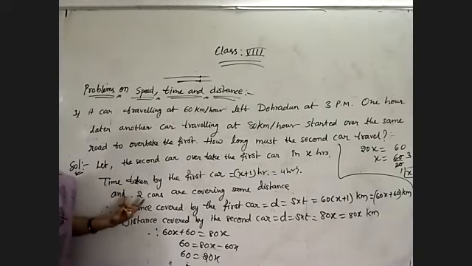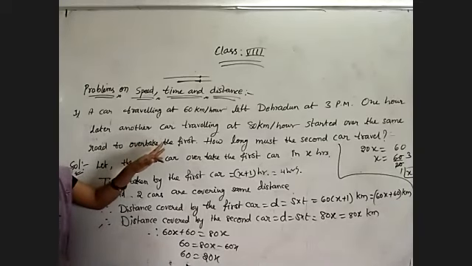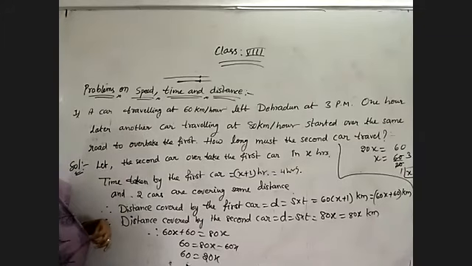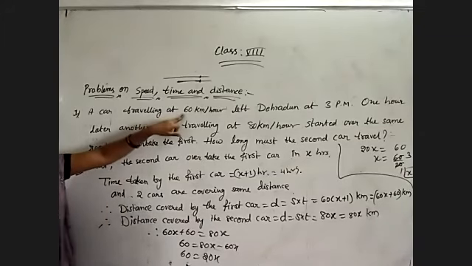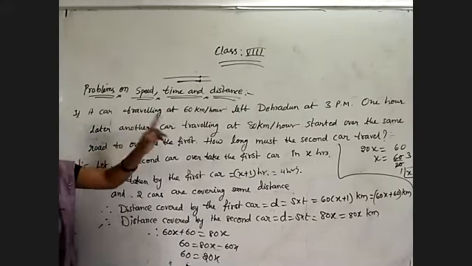Now they are traveling and the distance is equal. So both are traveling the same distance. Find out how much distance they traveled with the speeds of 60 kilometers and 80 kilometers per hour. The distance is equal to speed into time. The speed of the first car is 60 and the time taken by the first car is x plus 1, so 60 into x plus 1.